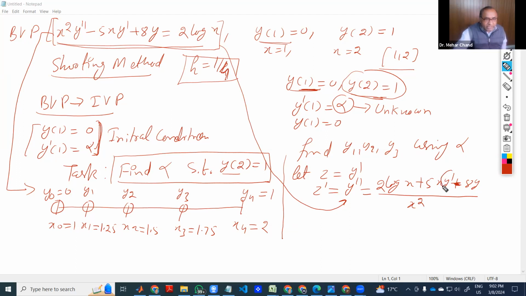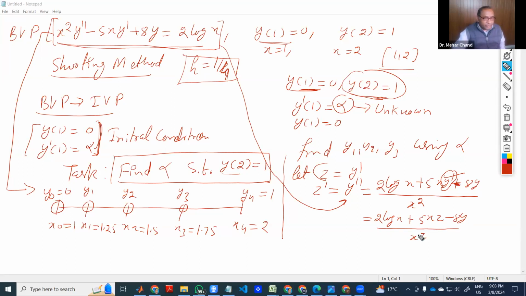But y dash is equal to z, so replacing y dash, you will have 2 log x plus 5x z minus 8y upon x square.